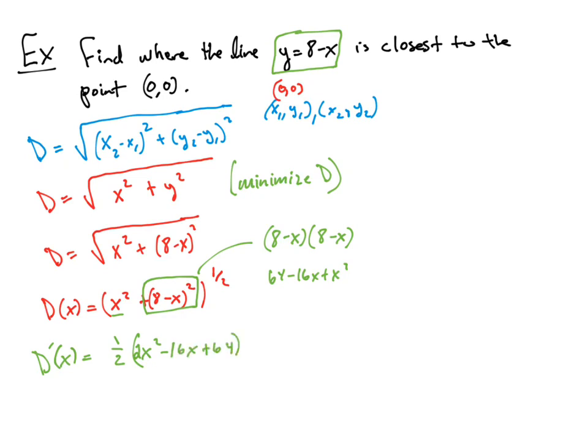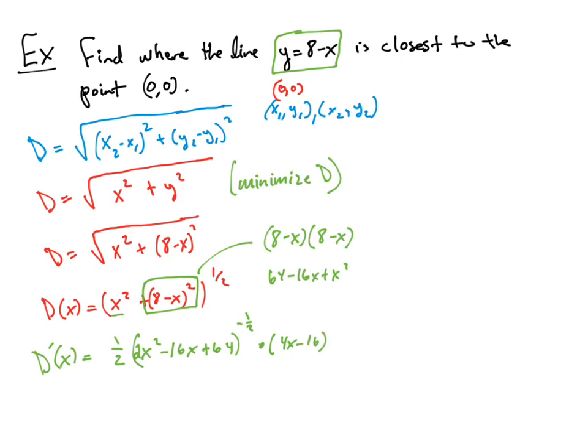So I use the power rule, 1/2 times everything inside of here. And then we need to lower the exponent by 1. And then I need to use the chain rule. So I need to find the derivative of the inside part. So that's going to be 4x minus 16 here.